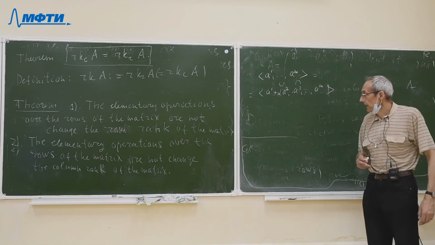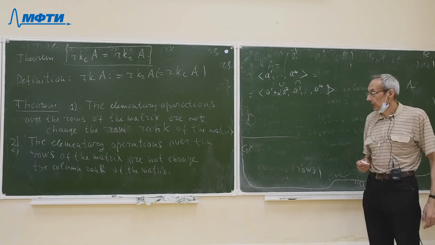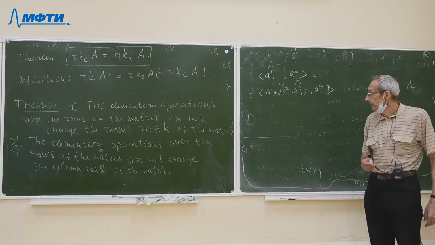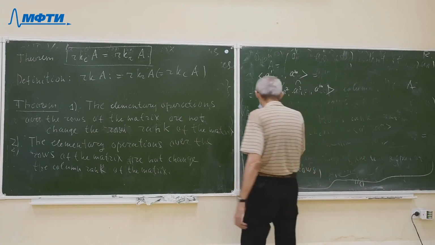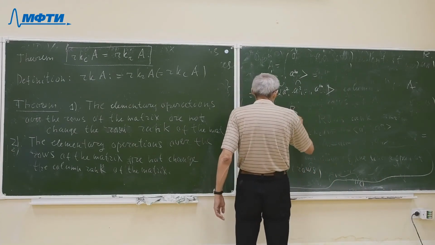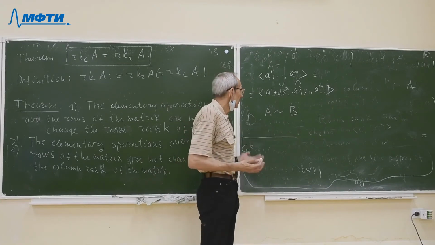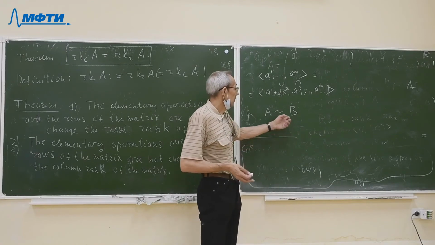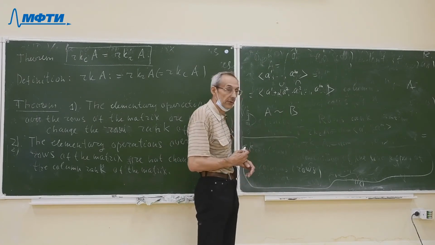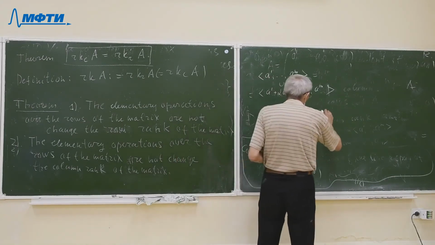The corollary of this fact: if I apply the Gauss elimination method to this matrix, and after that I obtain some echelon form of this matrix, matrix B, it is easy to see that the rows of the echelon matrix are linearly independent.